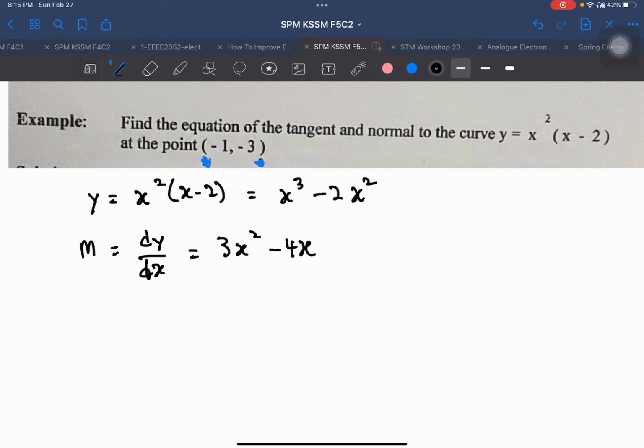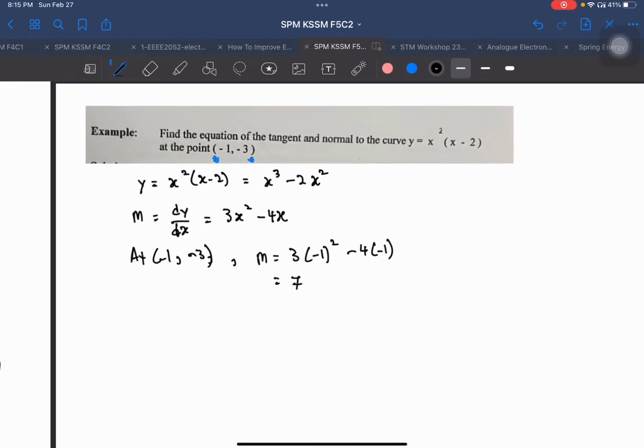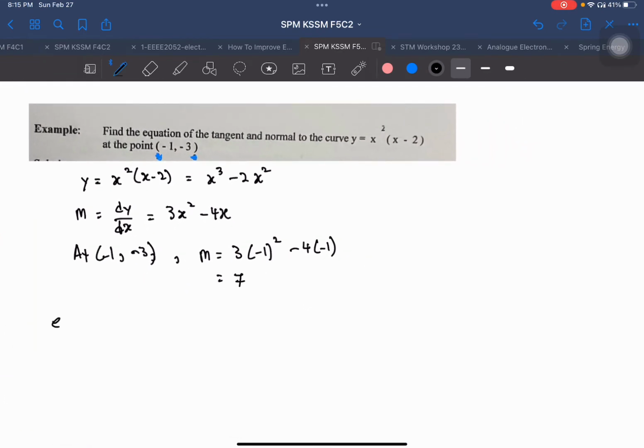We got this. So at (negative 1, negative 3), you get m by subbing in the point's value, x equals negative 1. How do we find the equation of the tangent?